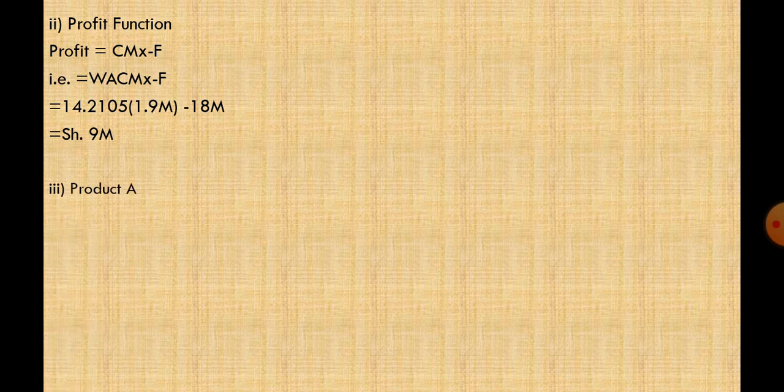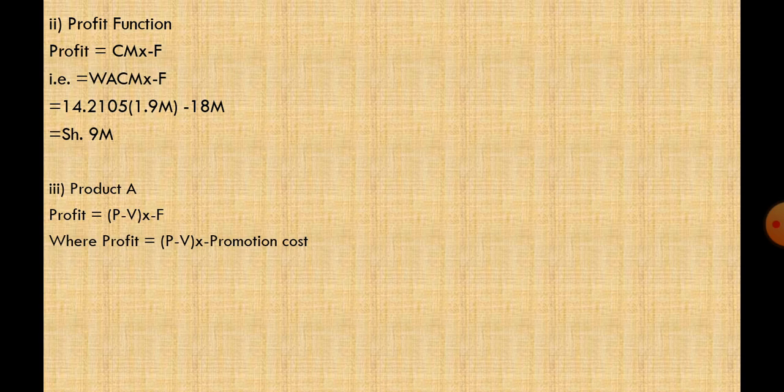So we find that under product A, we have a profit function, which is the contribution margin multiplied by the units minus the fixed cost. And in this sense here, we find that the fixed cost has changed to a promotion cost. Under the current situation, under product A, we are going to compute the selling price minus the variable cost, whereby we found that the selling price was shillings 30 and the variable cost was shillings 12.